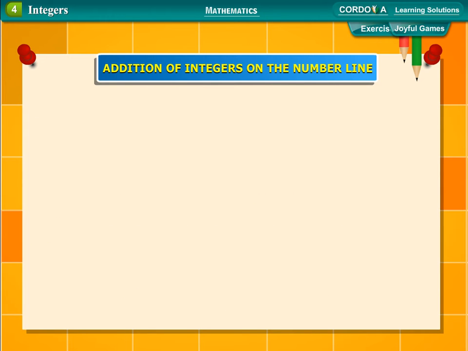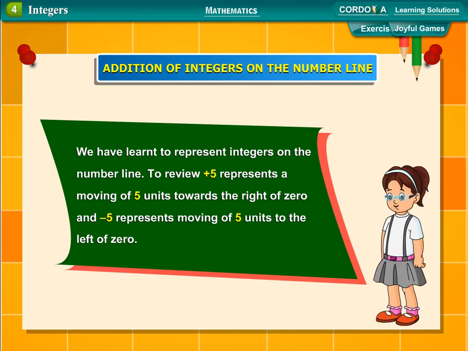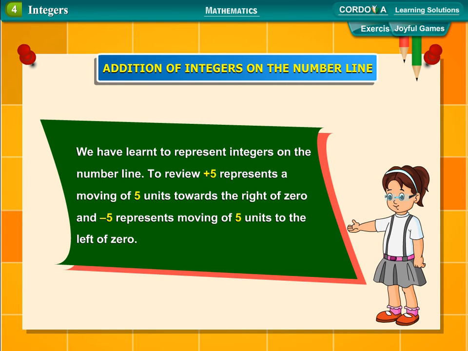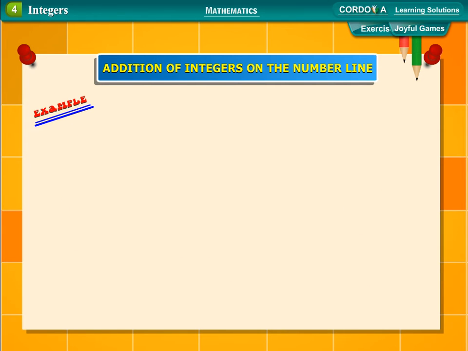Addition of integers on the number line. We have learnt to represent integers on the number line. To review, +5 represents moving 5 units towards the right of 0, and -5 represents moving 5 units to the left of 0. Example: represent +3 plus 4 on the number line.